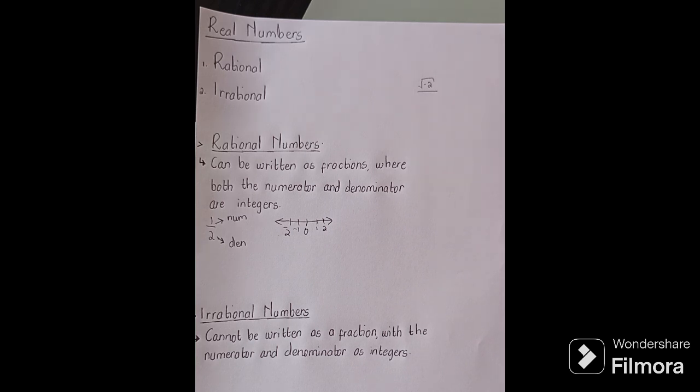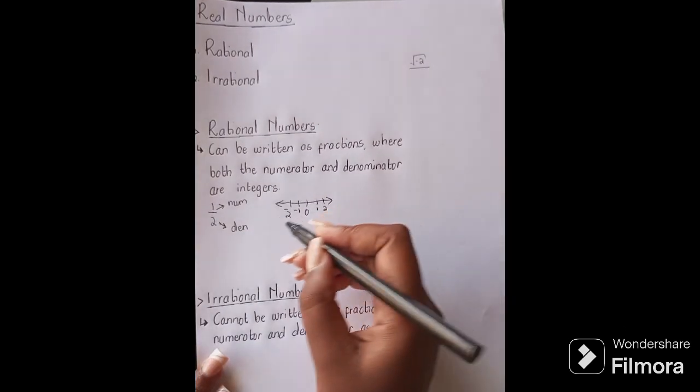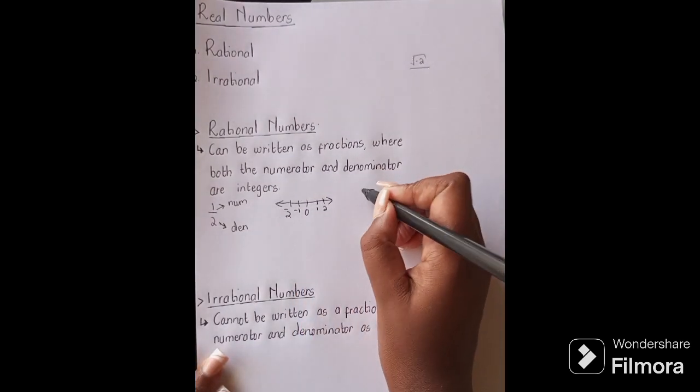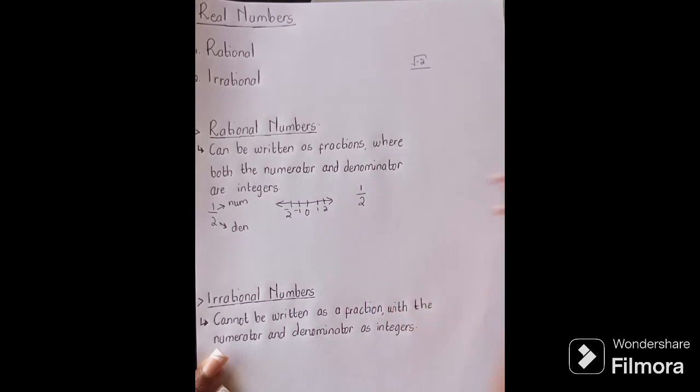Okay, let's come back. We said in order for a number to be classified as a rational number, it must pass two conditions. It must be a fraction and it must have both the numerator and the denominator as integers. Let's work with the 1/2 that we have there.